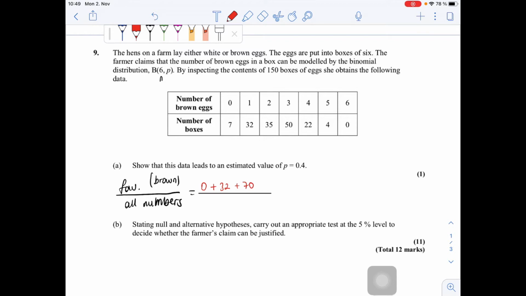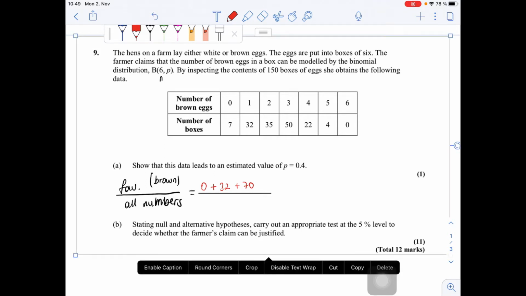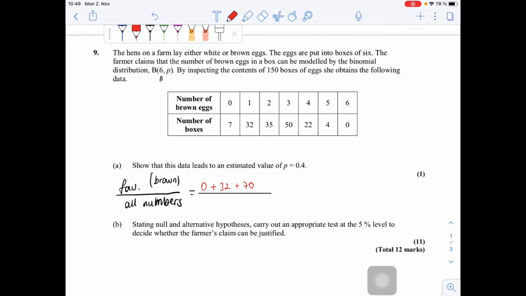Do you understand where it is coming from? 35 times 2 means 70 brown eggs. 50 times 3 is 150, plus 88, plus 20, plus 6 times 0 is 0.